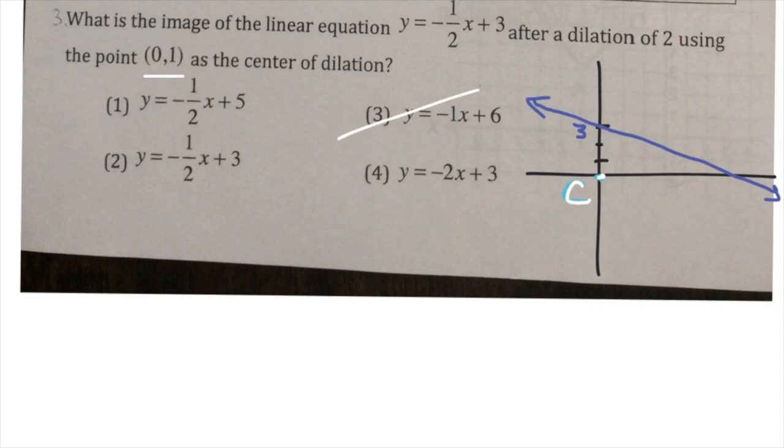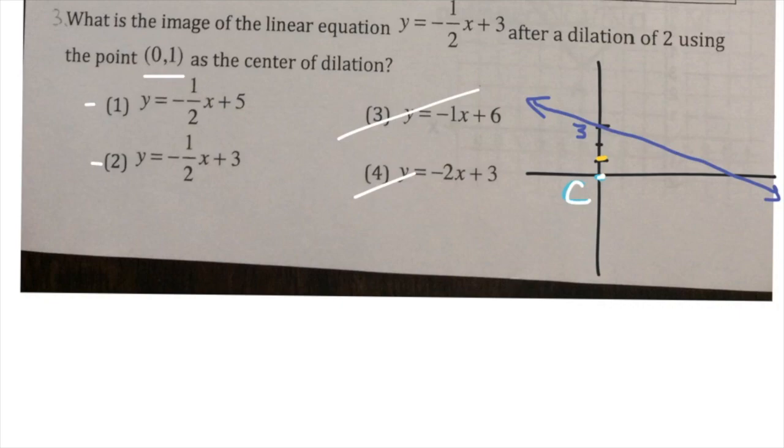So the y-intercept is not going to be 6. When we dilate, the lines stay parallel. So we're looking for an equation that has the same slope as our slope here. So we know it can't be choice 4, which has a slope of negative 2. So since the slope has to stay the same when we dilate, we know it's either choice 1 or choice 2. Well, the center is actually located at 0, 1 instead.